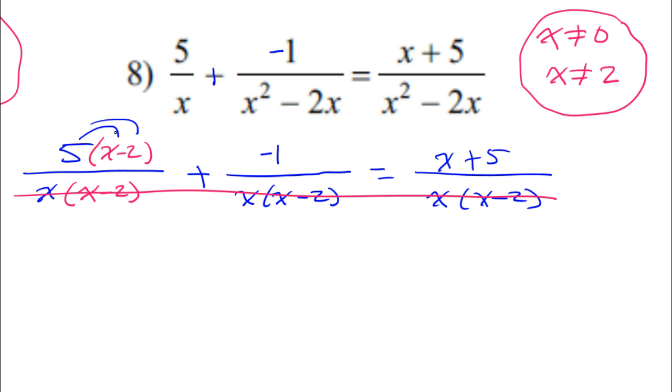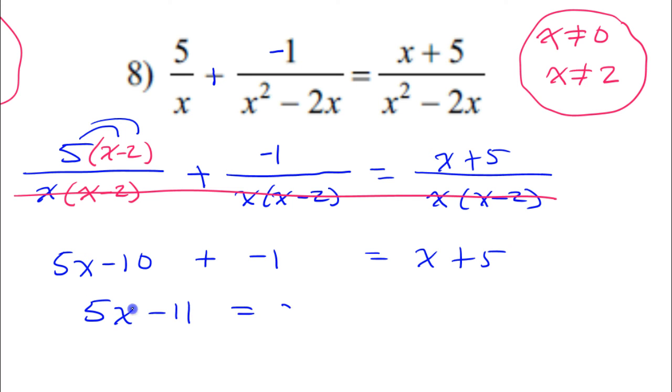I am going to go ahead and distribute this, so that'll be 5x minus 10, and then there's that negative 1 is equal to x plus 5. Negative 10 and negative 1, that's negative 11, so I have 5x minus 11 is equal to x plus 5.